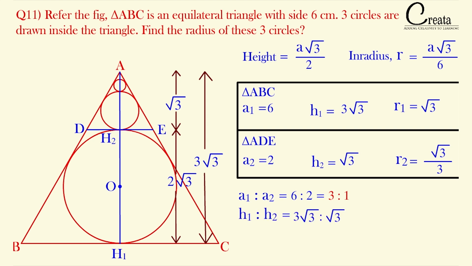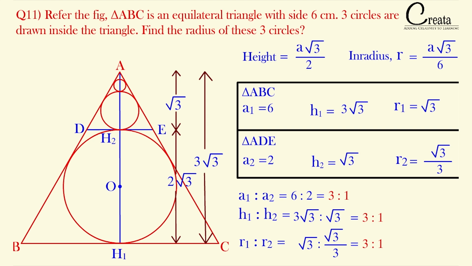Similarly, the ratio of H1 to H2 is 3:1. And also the ratio of R1 to R2 is 3:1. That is, the side, height and inradius of this smaller triangle is 1/3 of the side, height and inradius of this bigger triangle. Are you able to observe everything of this smaller triangle is 1/3 of this bigger triangle?